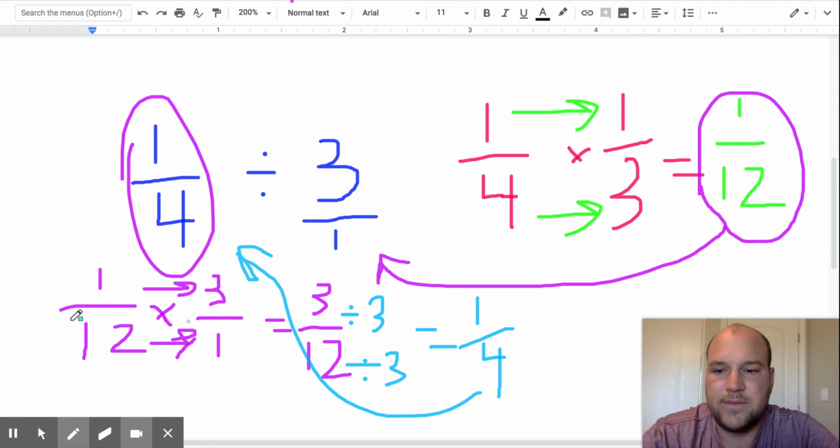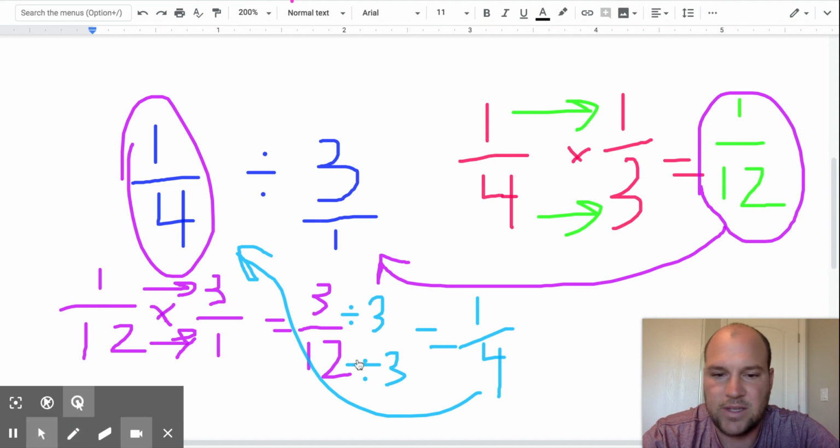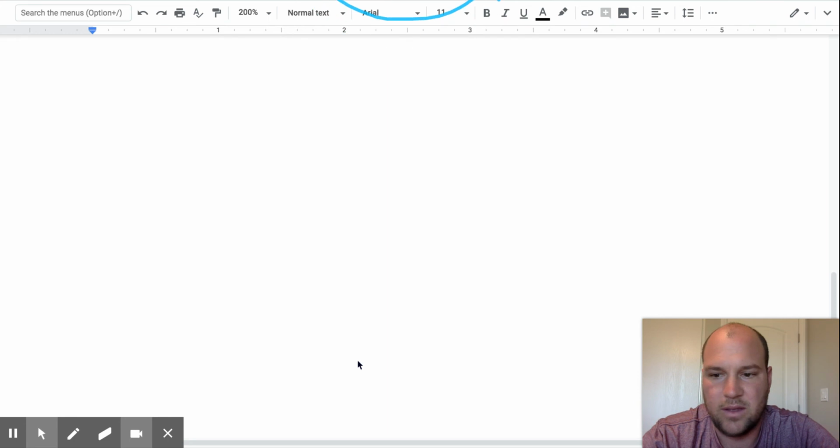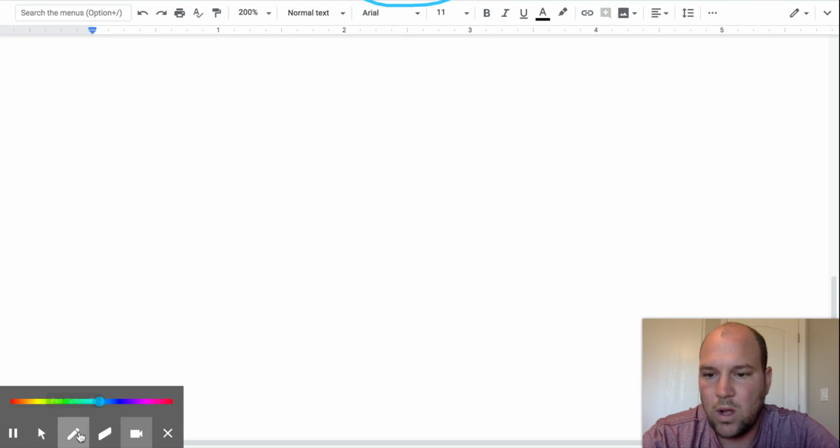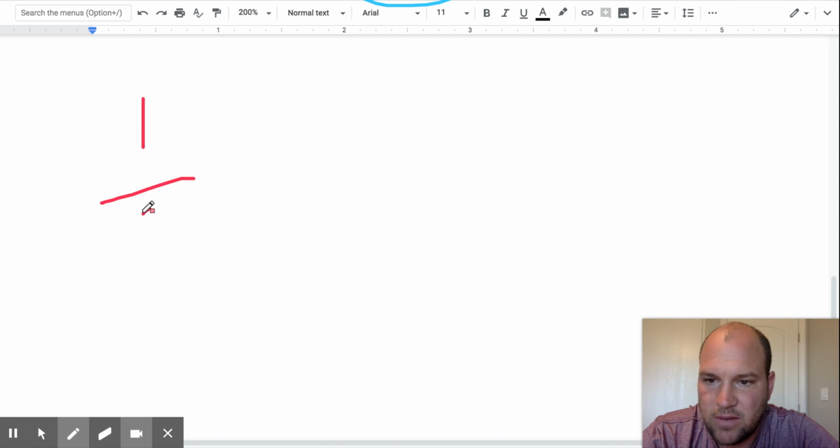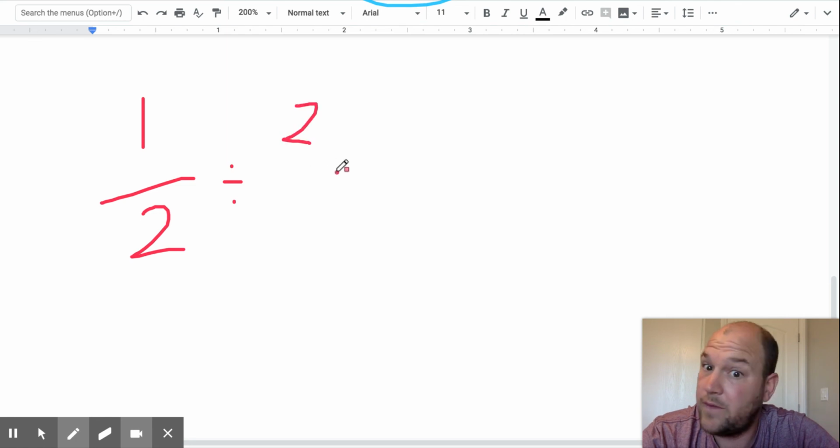Okay, y'all. So go to Flipgrid, do that. Let me show you how to divide a fraction real quick. It's the same thing. What's the fraction we haven't used yet? Have I used 1/2? I don't think so. 1/2 divided by 2/5.